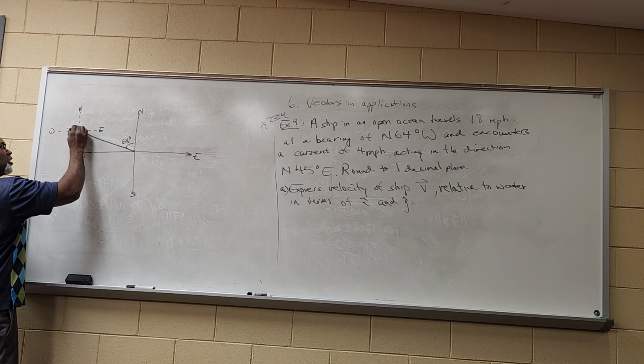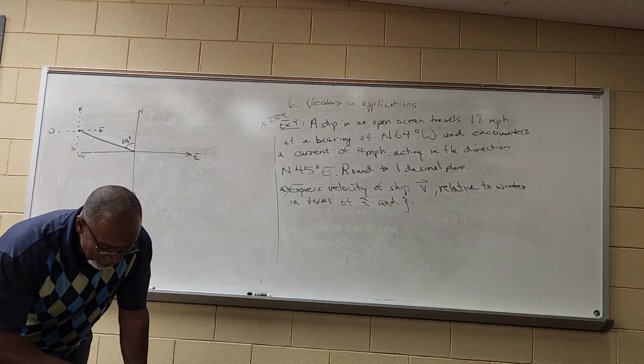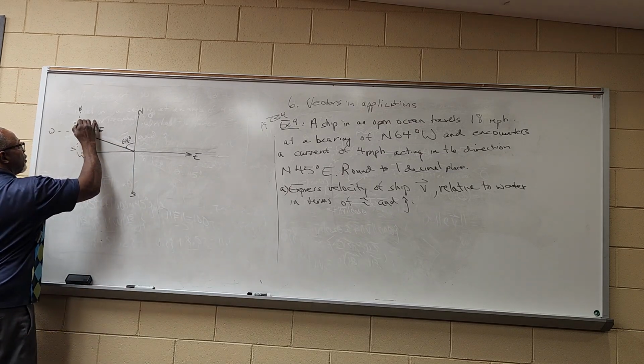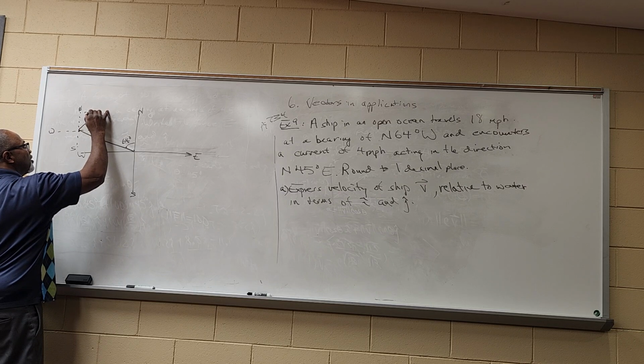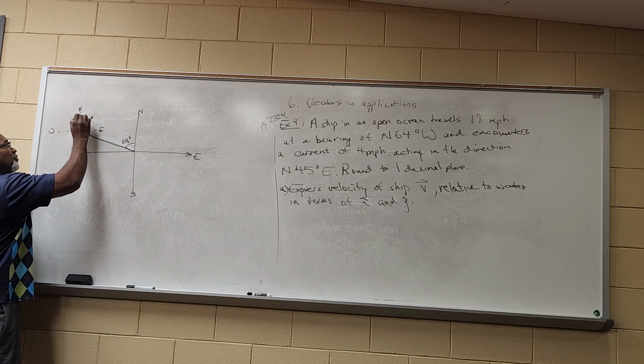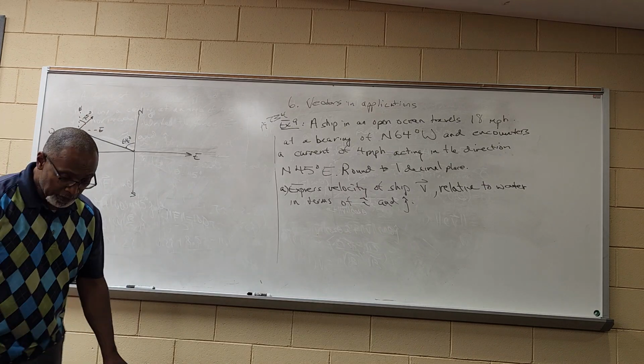So the ship gets here, and then there's a current that's going 4 miles per hour at a bearing of north 45 east. So north 45 east means the current is doing this, where this is a 45 degree angle. So that's what the current is doing.